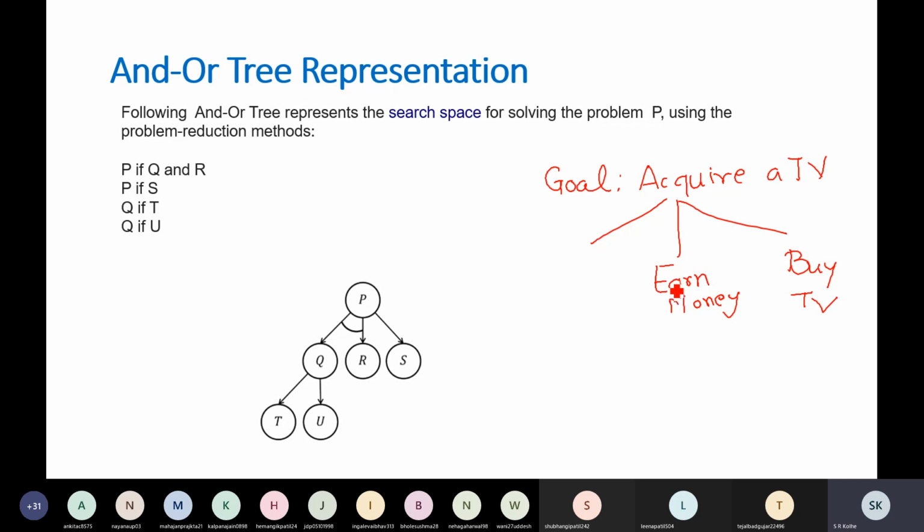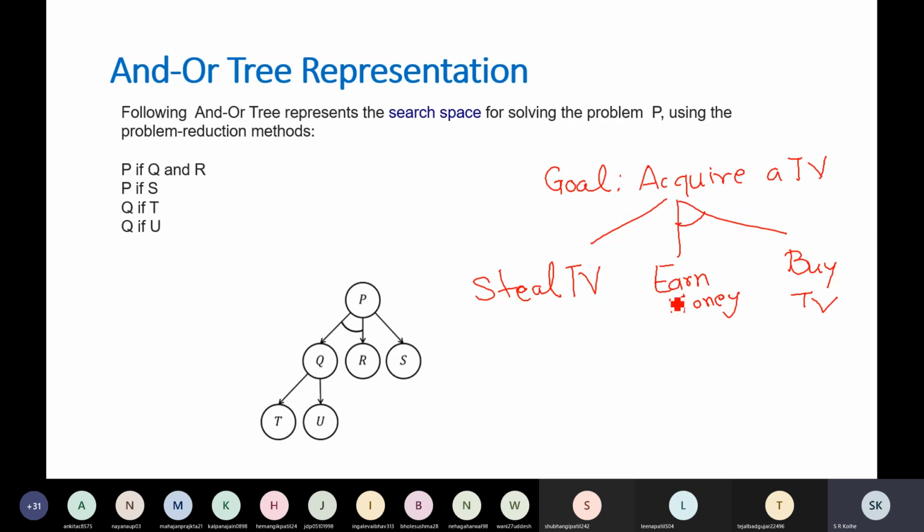No. If you earn money, along with that you will have to buy. If you don't buy, you will not have a TV. So this is an AND type of arc. You earn the money and buy a TV. The second way is you steal a TV. That's why I said not a very good example. Either this or this.